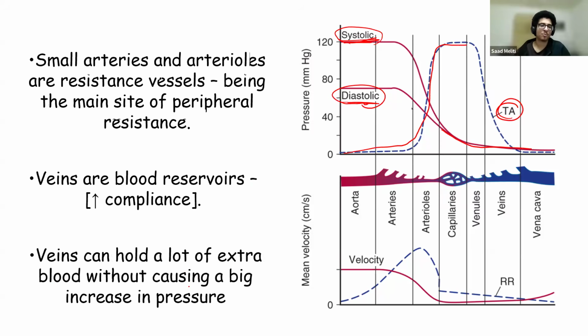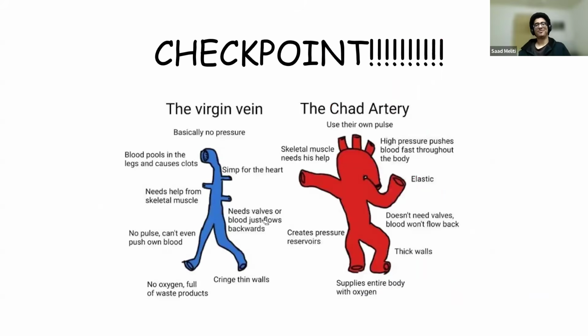There's no pressure being caused because of the blood. It's just holding this blood, and there's not a lot of pressure. That's why we call veins blood reservoirs. They hold, remember, 60% of the blood in the cardiovascular system. Although it's not important to know this number, you should know that it holds the majority of the blood in the cardiovascular system.